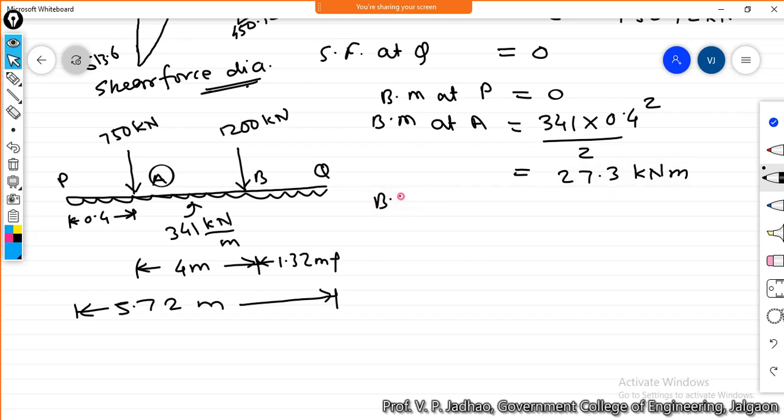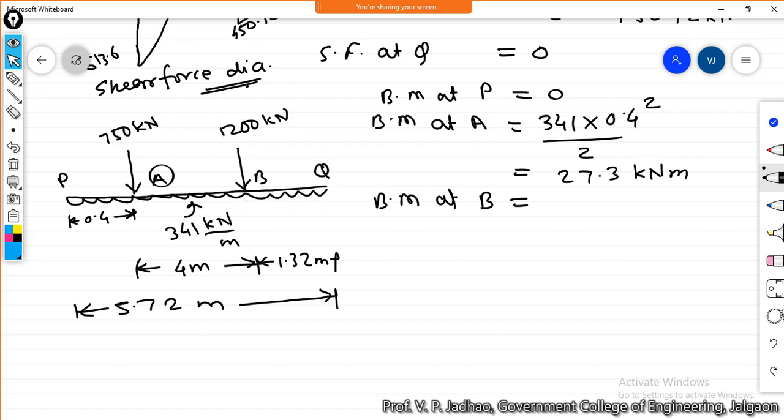Now bending moment at point B, let us consider the right portion because it will be easy. The bending moment at B will be again equal to WL square upon 2, because this particular portion BQ is a cantilever portion.